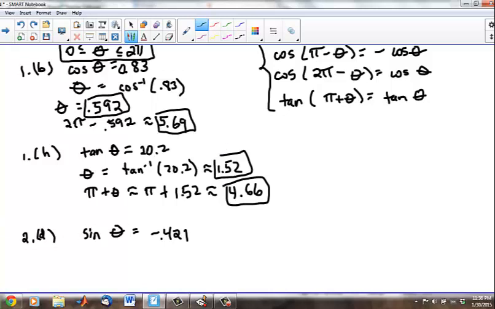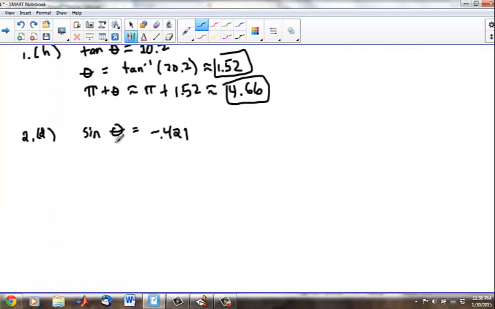Okay, let's take a look at number 2. Sine of theta is equal to negative 0.421. So we have theta is equal to arc sine of negative 0.421.